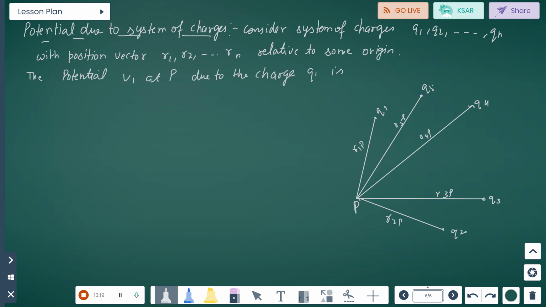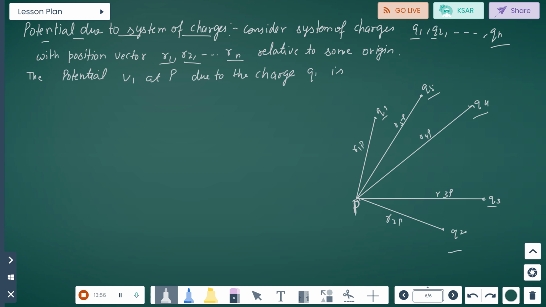Now, potential due to system of charges. Consider a system of charges Q1, Q2, Q3 and so on up to Qn with position vectors R1, R2, up to Rn relative to some origin. Like P is the origin here. The potential V1 at P due to charge Q1 is, first we have origin P, charges like Q3, Q2, Q4, Q5, Q1 and their position vectors R1P, R2P, R3P, R4P and R5P.